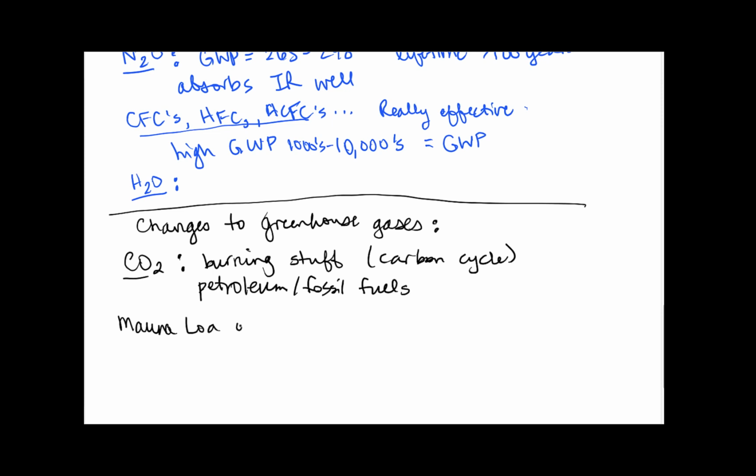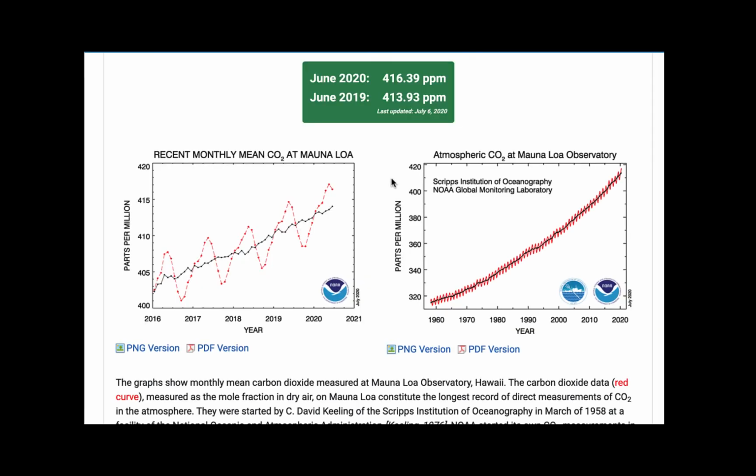But if we look at the Mauna Loa Observatory, they have been tracking the carbon dioxide levels over time since, I think, 1957. And they have a really beautiful illustration of it. I'm going to go and grab it right now. Okay, what you are seeing is the trend in the carbon dioxide levels that's being measured at the Mauna Loa Observatory.